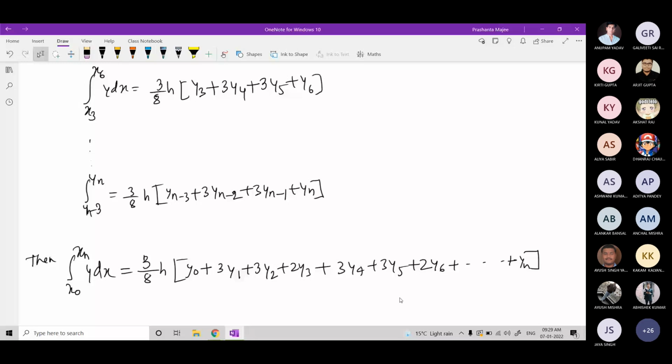Accordingly, you know how to add them. You keep on doing that. So this will be the formula for Simpson's 3 by 8 rule.